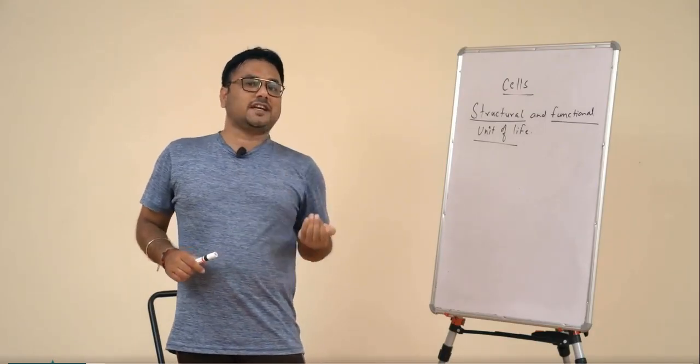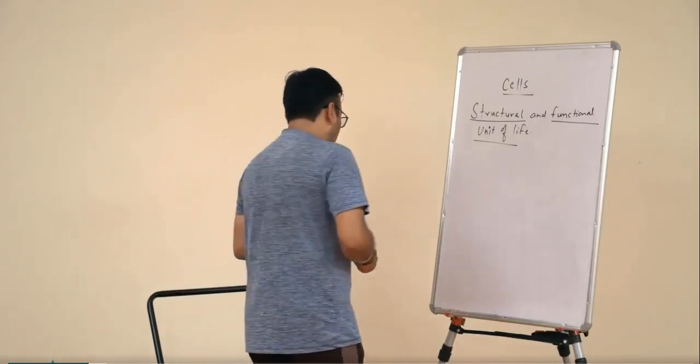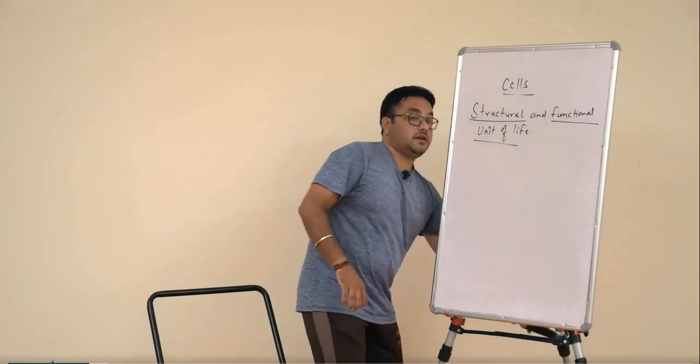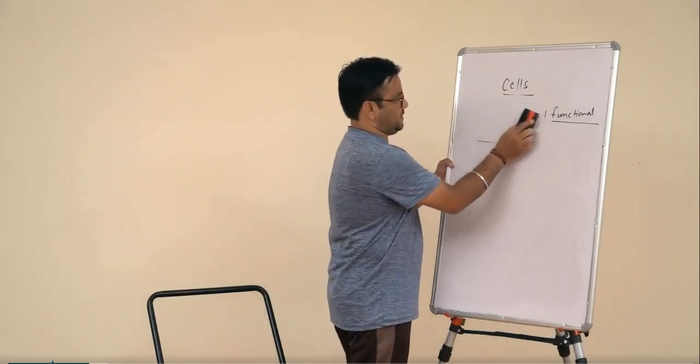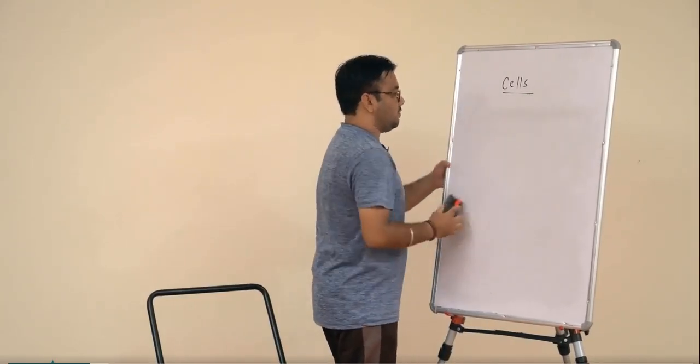So now the next thing comes: when one or more than one cell combines together, what does it form? That is your next structure that we call tissues. Right?